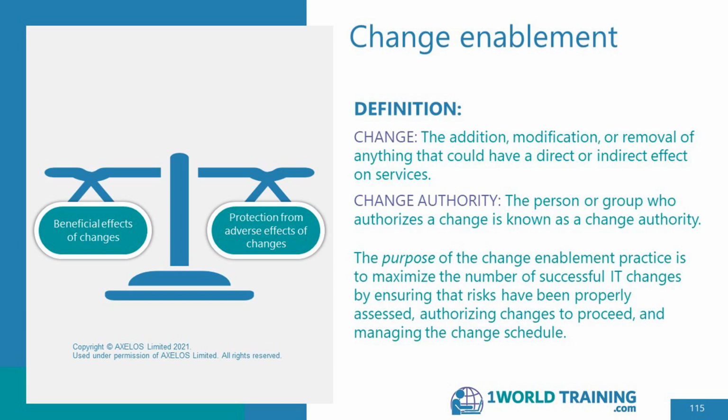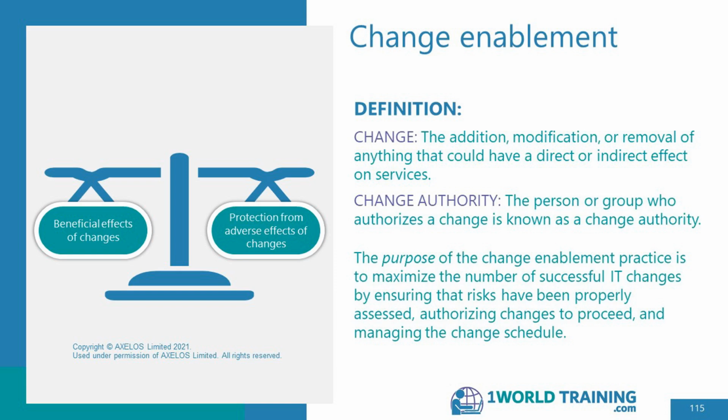Change management had a very negative perception in earlier versions of ITIL. It was seen as an overly bureaucratic and old-fashioned approach to managing changes. The emphasis has been changed now from management of change to enablement of change. And this is one of the practices that you need to know in some detail, not just the purpose, but quite a lot of other information about the practice.